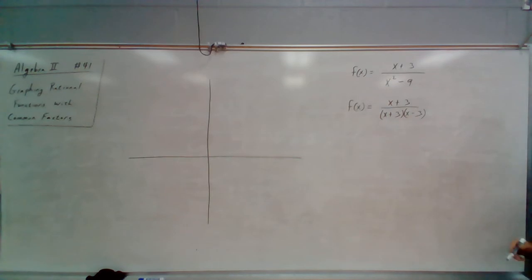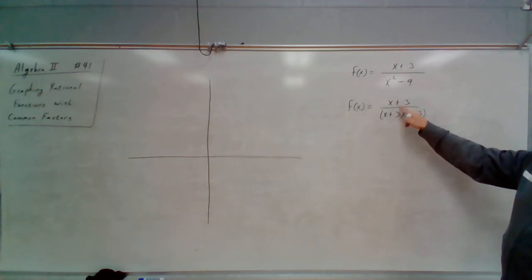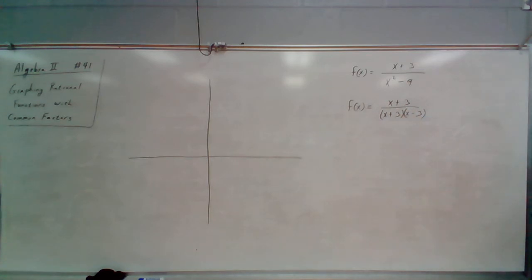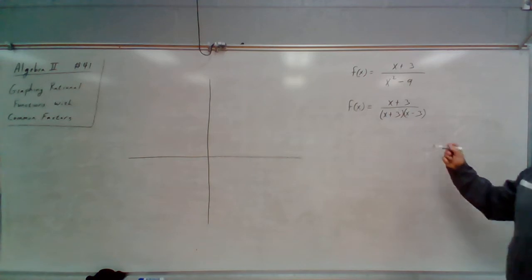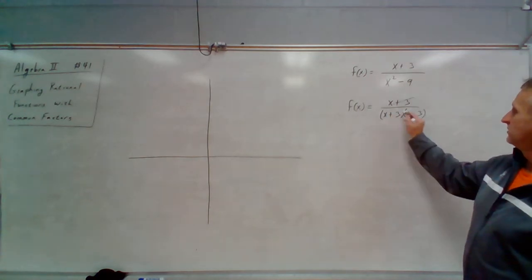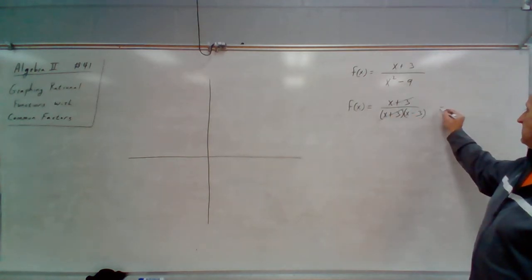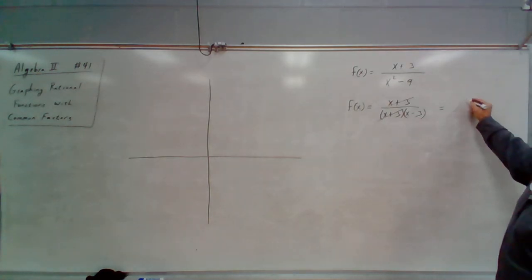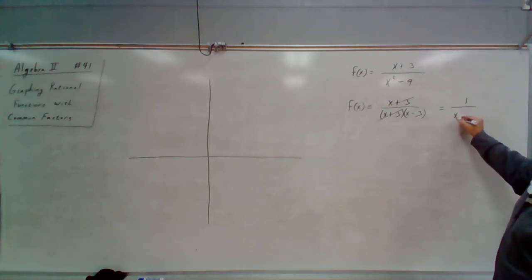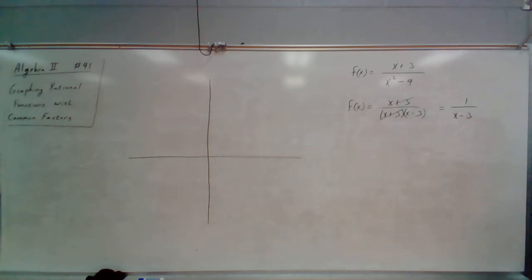Well, we'll see, we'll have one vertical asymptote here. Notice here that we have a common factor. We have x plus 3 on the top and x plus 3 on the bottom. Okay, so those common factors can cancel out as long as x is not negative 3. And I'm left with 1 over x minus 3.